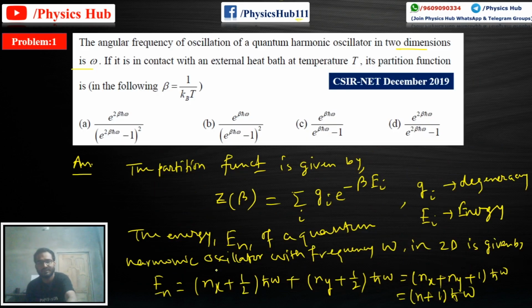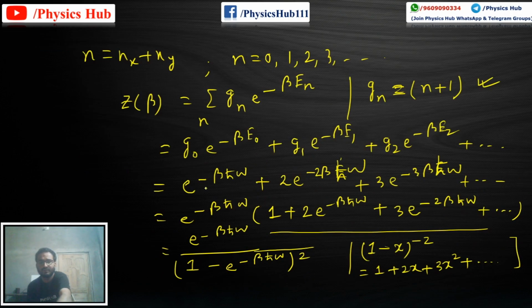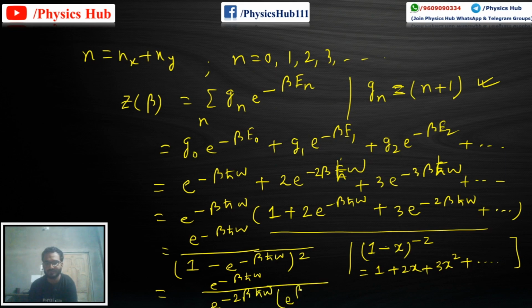Now in the options we see the answer is given in terms of e to the power beta h cut omega, so we will try to bring it into that form. That's why you have to take e to the power minus beta h cut omega common. So e to the power minus beta h cut omega divided by e to the power minus beta h cut omega, when coming outside the square, it will come as e to the power minus 2 beta h cut omega, and it becomes e to the power plus beta h cut omega minus 1, squared.